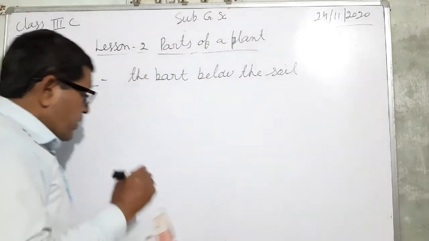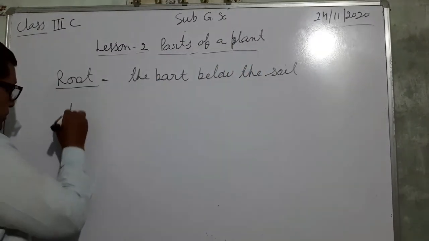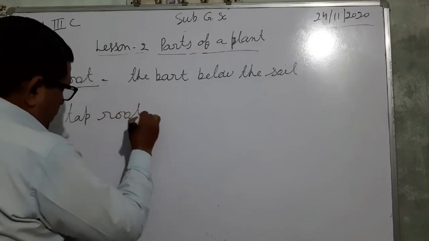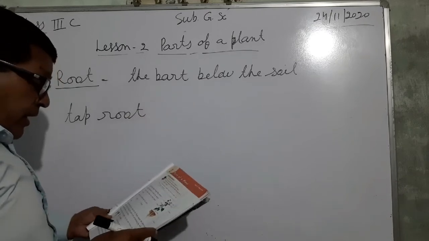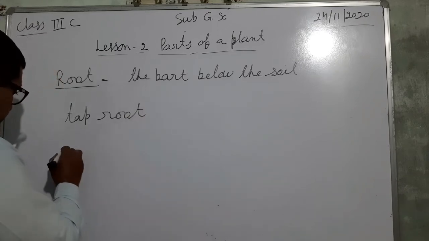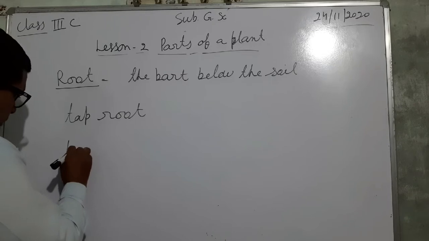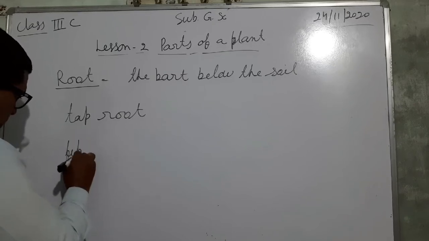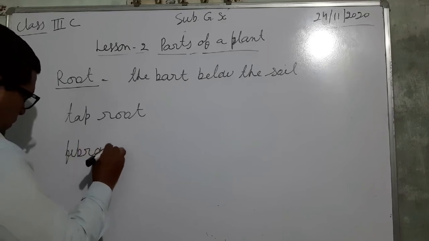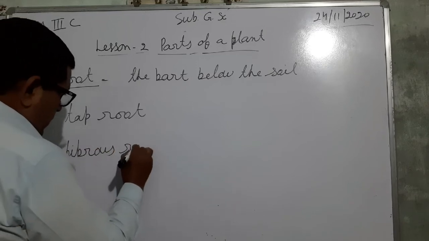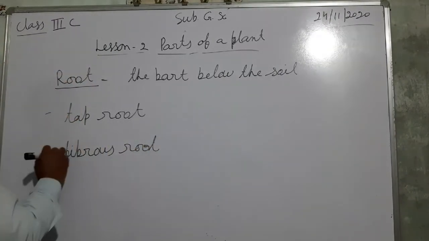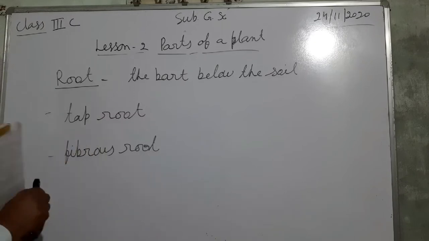Two types of root. One is taproot and other is fibrous root. You can easily distinguish between the tap root and the fibrous root.